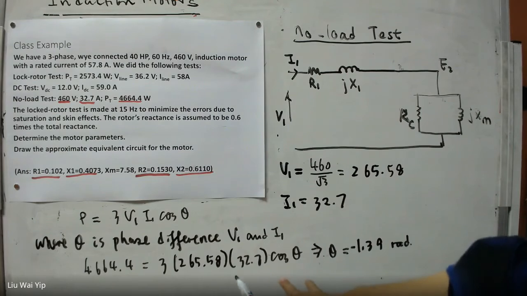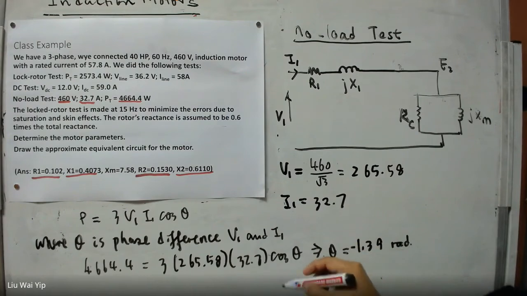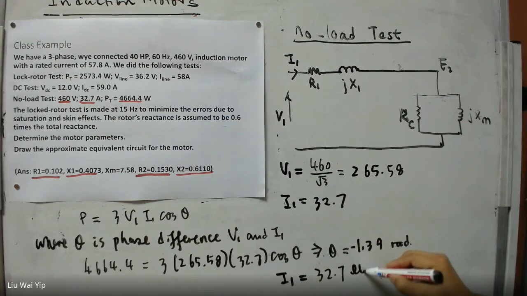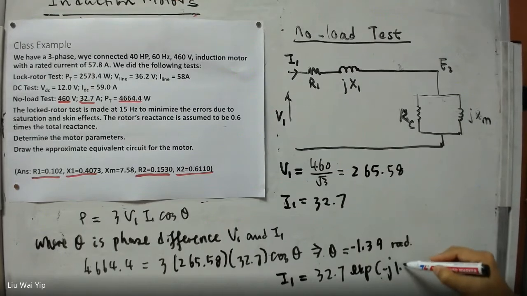And the phasor form of the current is going to be 32.7 and then 1.39. I'm not sure whether you can see the right one. So this is the current.